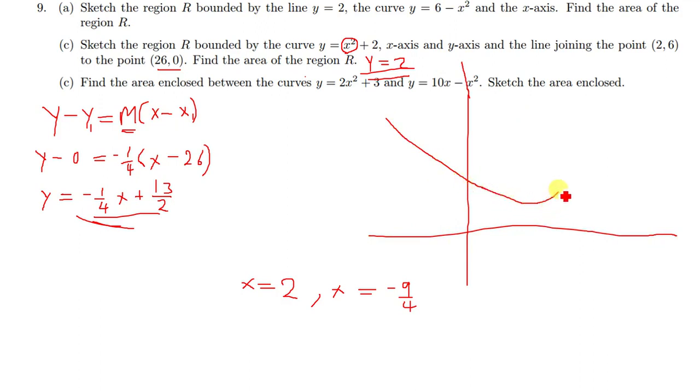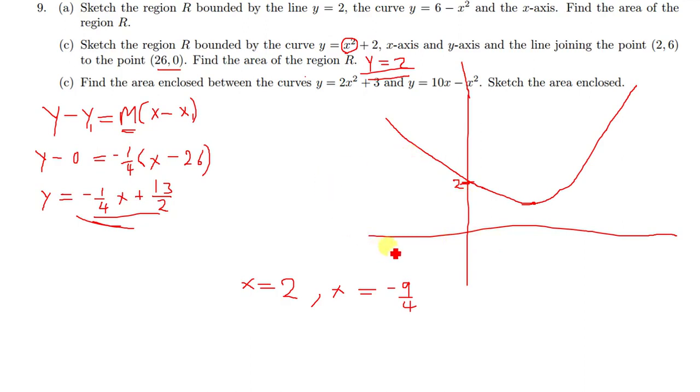Now let us try to find the minimum point, meaning this point here. But I already know that it cuts the y-axis at 2, and then it does not cut the x-axis.